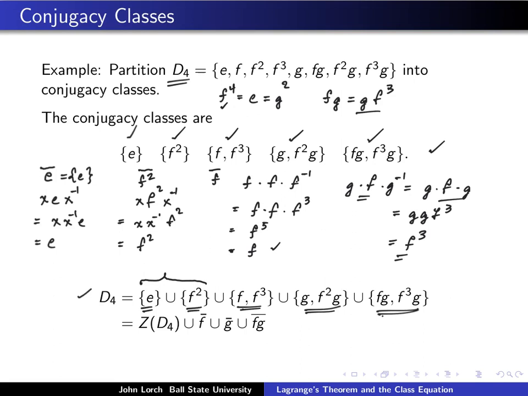And you might remember that the stuff that commutes with everything in a group is called the center of the group, and that is denoted by a Z. So that's the center of the group. And then you have these other classes, F bar, G bar, and F, G bar, that each contain more than one element.